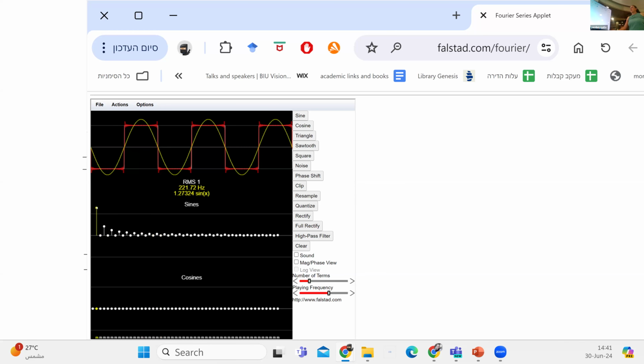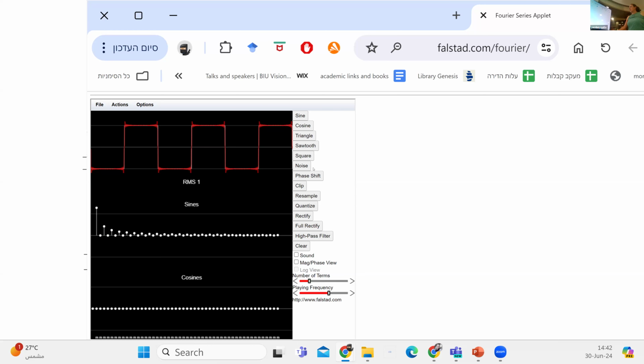For the square, we have 1, and then we don't have 2, and then we have 3, and we don't have 4, and 5, and so on. So it's only the odd frequencies.